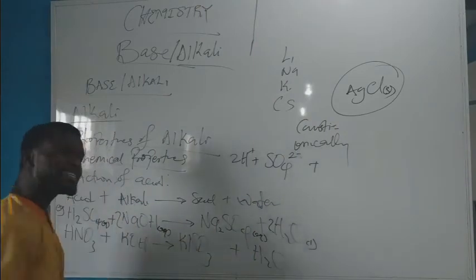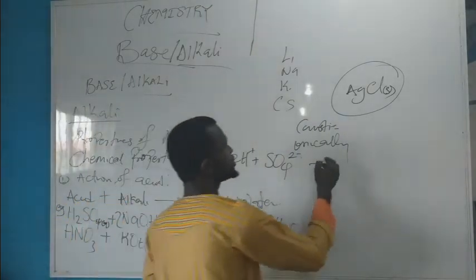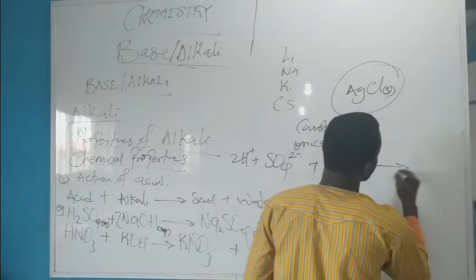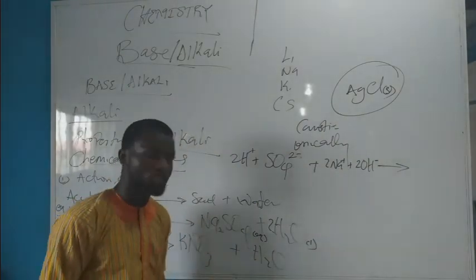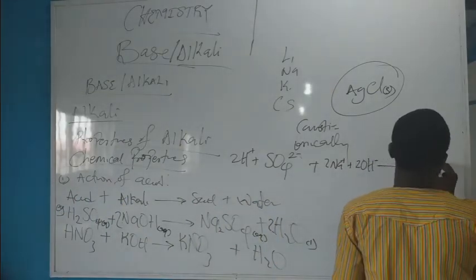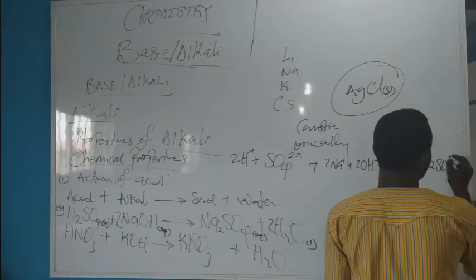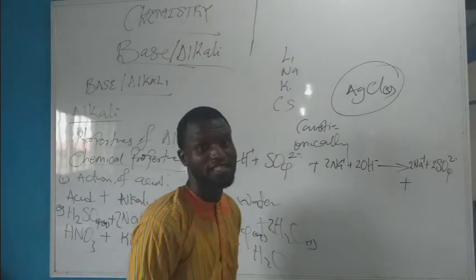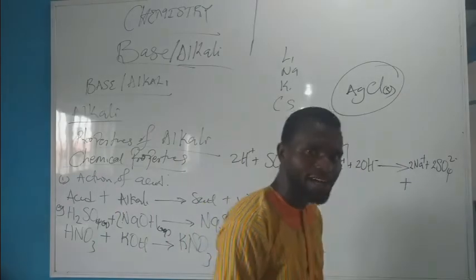Plus sodium hydroxide, which is aqueous and very soluble, so it will dissociate: 2 sodium ions plus 2 hydroxide ions, giving you sodium tetraoxosulfate(VI), a soluble salt, so it will dissociate. That will give you 2 sodium ions and the sulfate ion, plus water. Water is liquid, it does not dissociate. Water retains its molecular integrity.